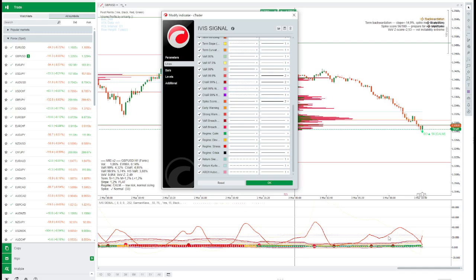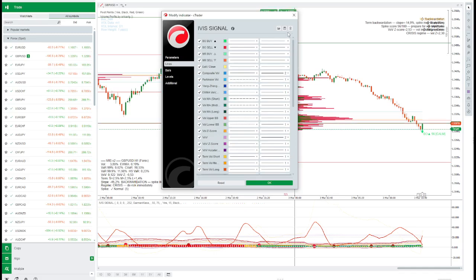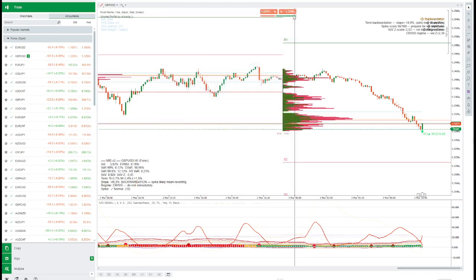All these lines are packed here, and they all come together in the oscillator here, and you can choose which colors to assign to these histograms.